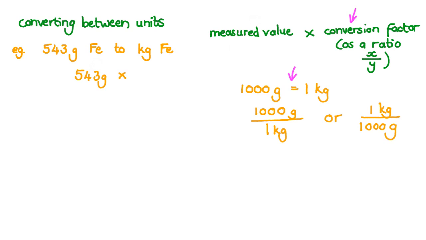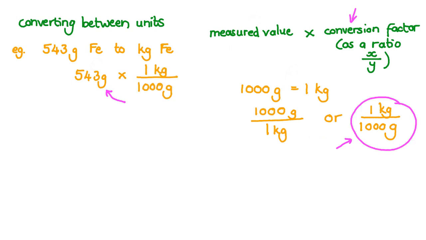It does not matter which way we write the ratio. The value of the numerator means the same as the value of the denominator, except that they have different units and so the numbers have been adjusted. Which ratio do we pick to use in our calculation? We are going to choose the one that will allow these grams to cancel out. So we will choose the conversion factor with grams in the denominator.